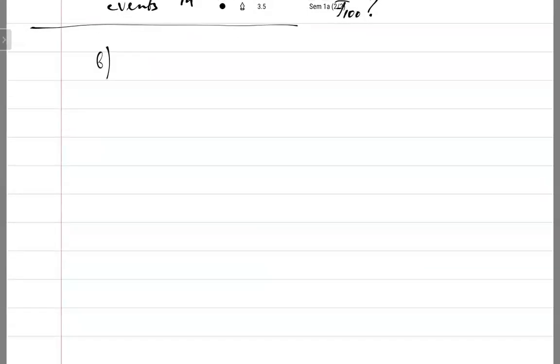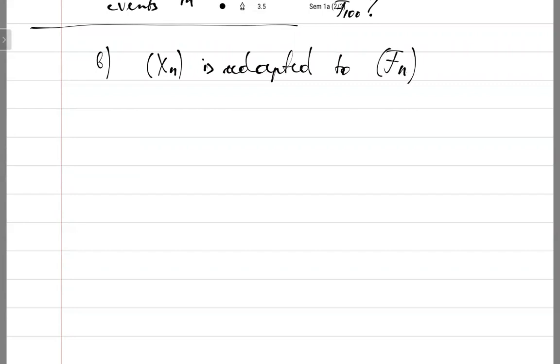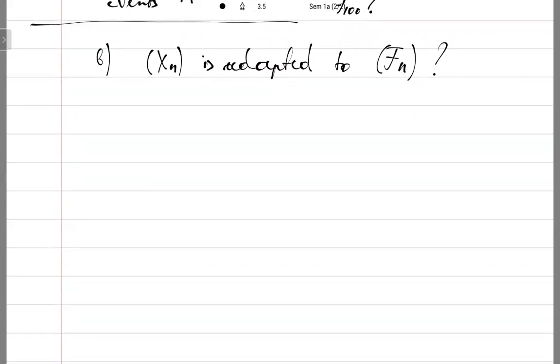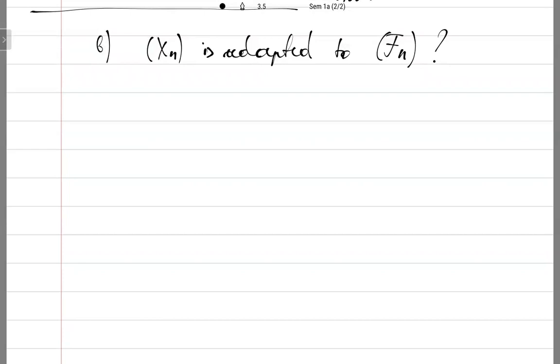Point B, is Xn adapted to Fn? So do we have enough information in Fn to calculate the value of Xn? That's what the definition actually means, right?